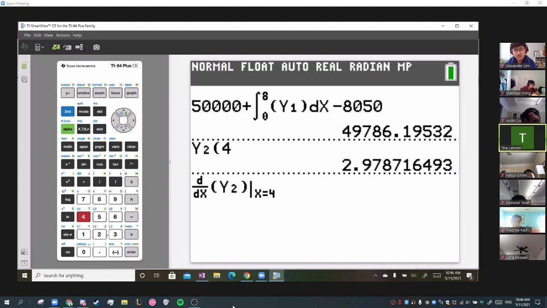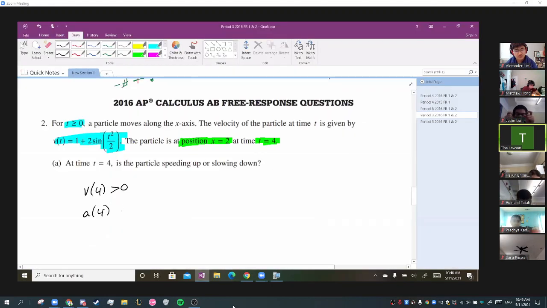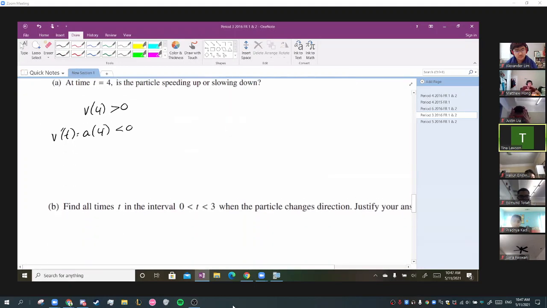I want the derivative at 4 because the derivative of velocity is acceleration, all right? There, it did it for me. It's a negative. So then I come over here and go like this. You can also, if you want, specify that you understand that's the case, okay? All right, so what does this mean? Well, the signs are different, so it should be slowing down.